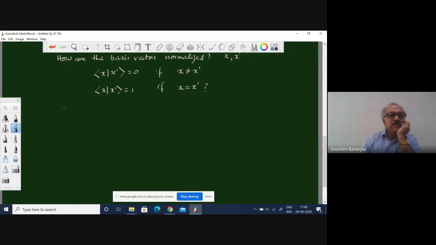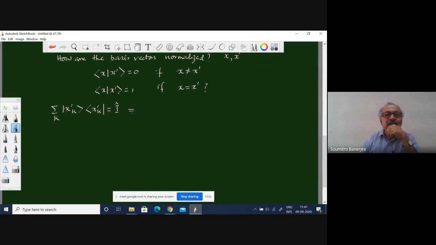So we know that the sum over k of |x_k><x_k|, this is the projection operator, summed over k should be the identity operator. This is something we learned.